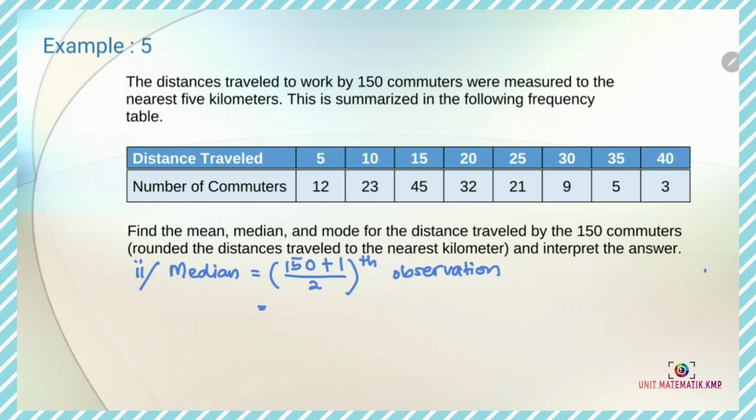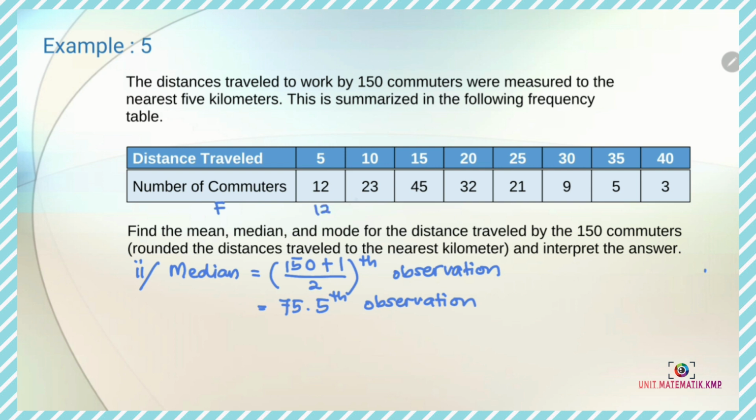And we get here the median is at 75.5 observation. To find the 75.5 observation, we have to find the cumulative frequency.